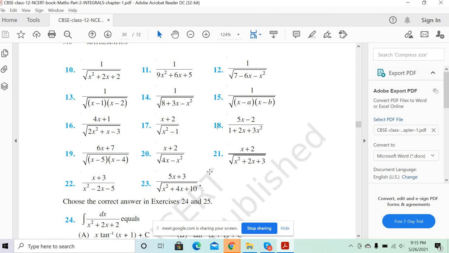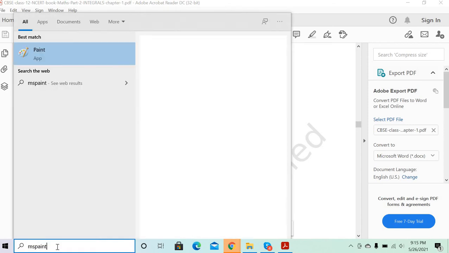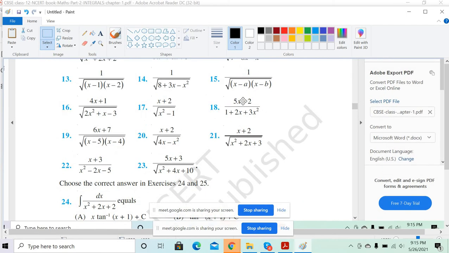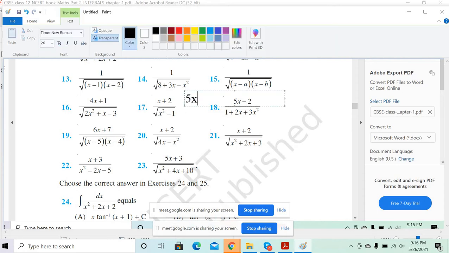So basically, in all these questions you need to see whether the numerator is 5x minus 2 and the denominator is in this quadratic form, right? So how do you represent it? Your goal is to represent 5x minus 2 as equal to a constant a times d by dx of 1 plus 2x plus 3x square, isn't it?